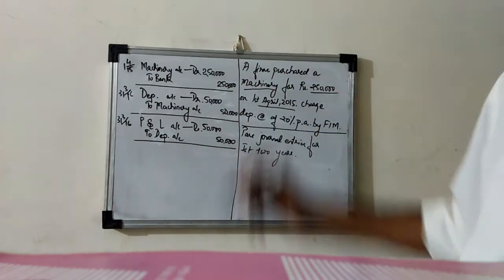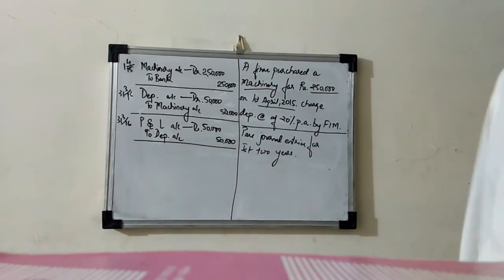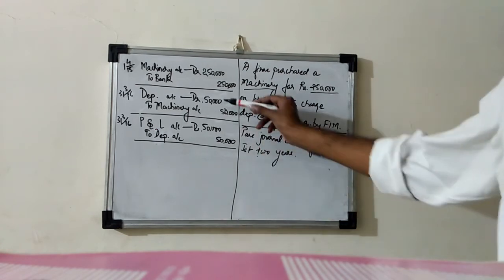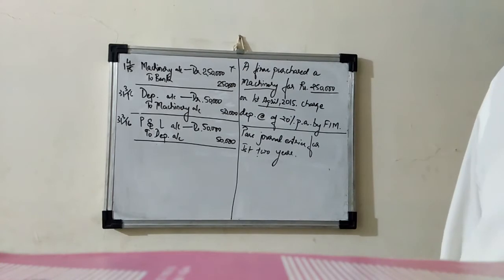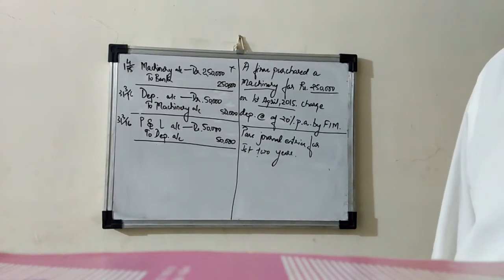Here's first year end. Again, for the second year, the same entry will be repeated, except that we are not going to purchase another machinery.